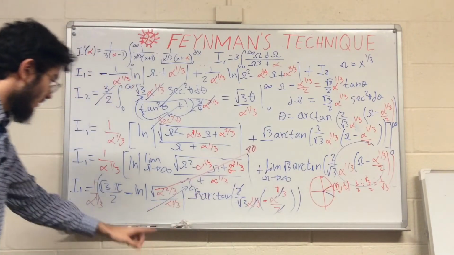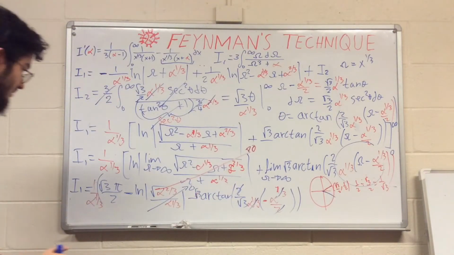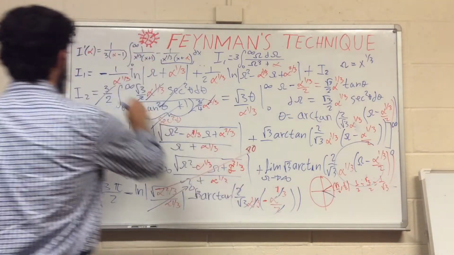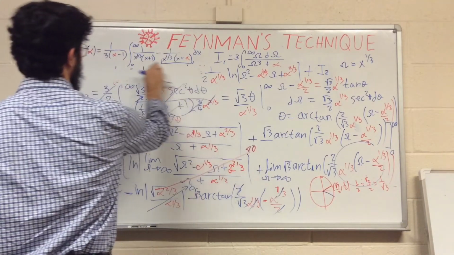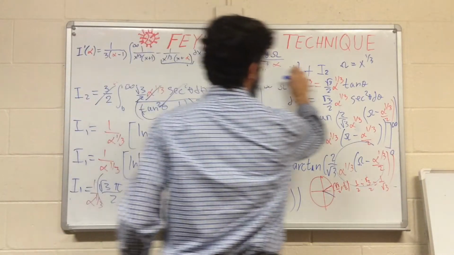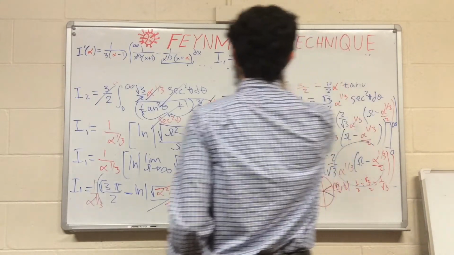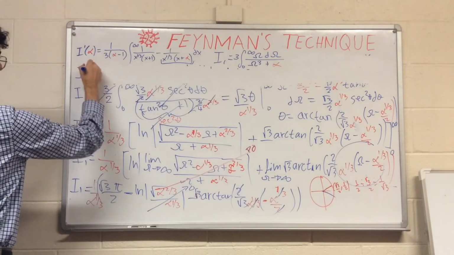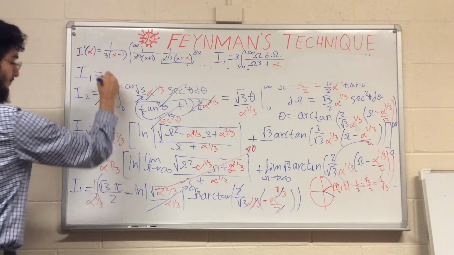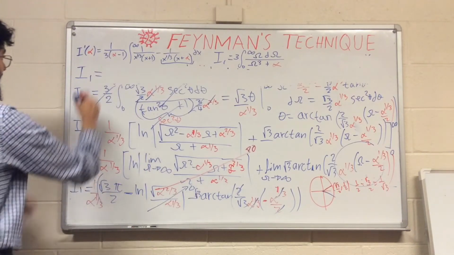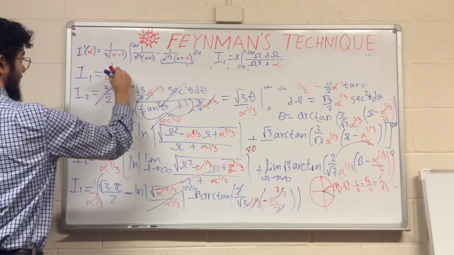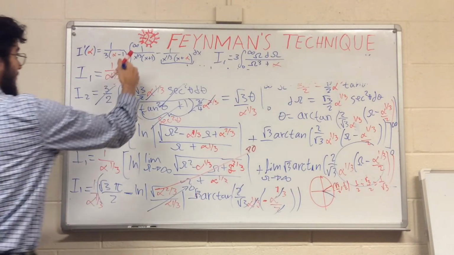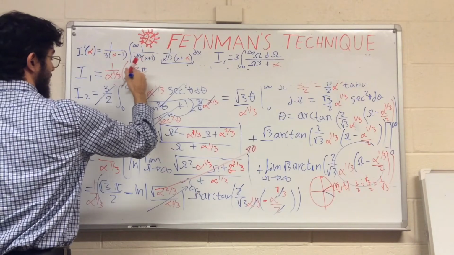Okay? So therefore, our final answer for I1, let me write it over here. The final answer for I1 is going to be 1 over alpha to the 1/3 multiplied by radical 3 pi over 2.